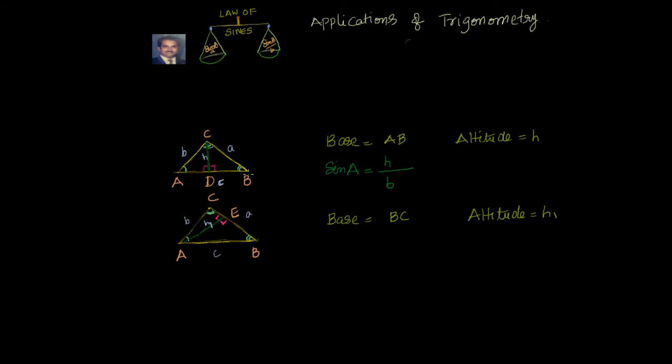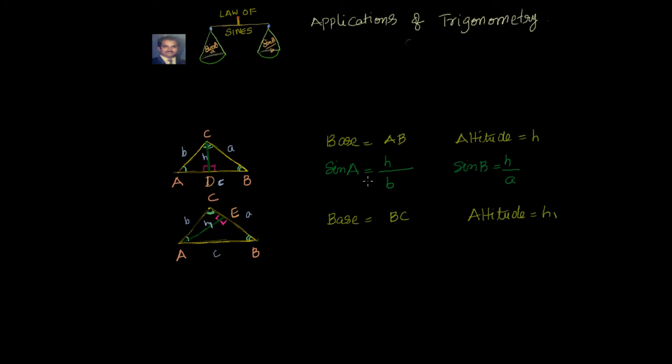Now let's look from the other side. Let us look from B. If I look from angle B, sine of B is equal to, again, the opposite side h divided by the hypotenuse, which in this case is a. You can see that h is a common variable in both.